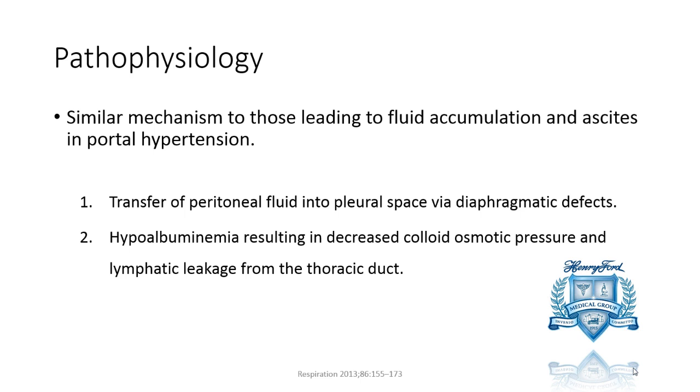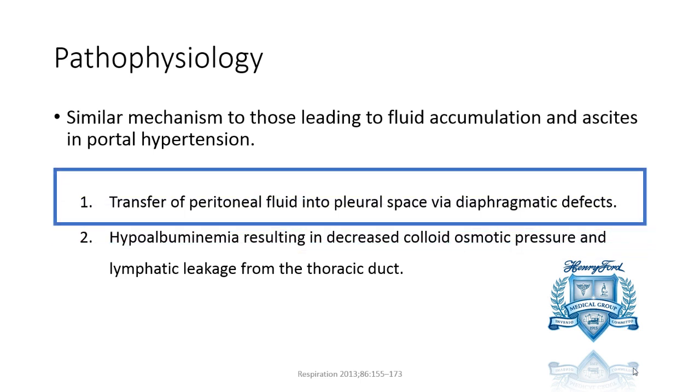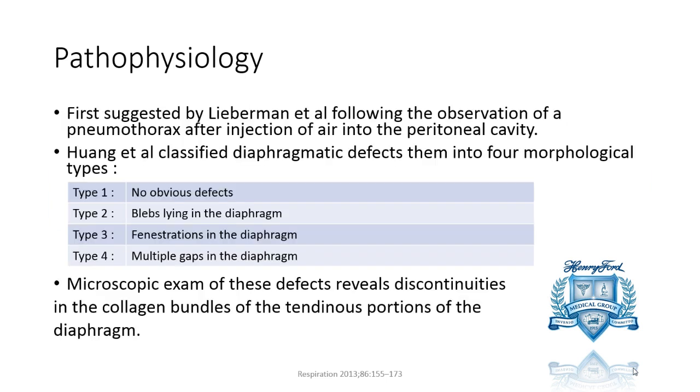So the pathophysiology of hepatic hydrothorax is similar to ascites, where there is loss of protein and fluid extravasation into the extracellular space. However, what plays an important role is a theory that fluid gets shifted from the abdomen into the pleural cavity via diaphragmatic defects.